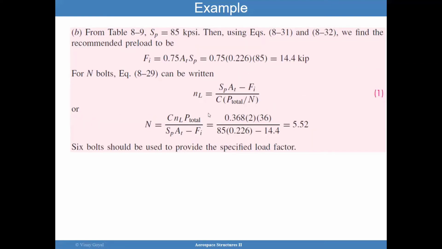And by the way, NL is more of a factor of safety. I apologize. NL is 2 for our situation, and then you can calculate N from this equation. And remember, P total divided by N is P, which is the external load applied to a joint per single bolt. And then you can just use these equations very simply to find big N, which is about 6.